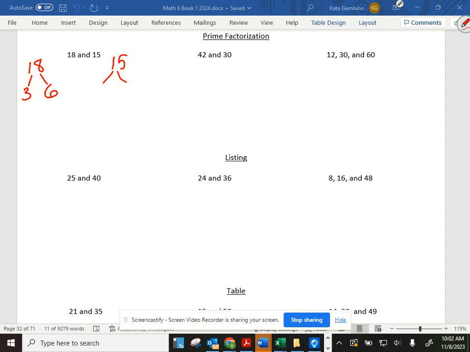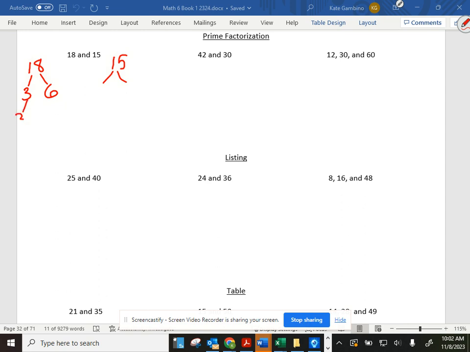Does it matter which one we pick? No, because we'll get the same answer no matter what, because the prime factorization will be the same. It is its special genetic code for that number. So no matter which factor pair you pick, when we break it down, it's going to be the same prime numbers.